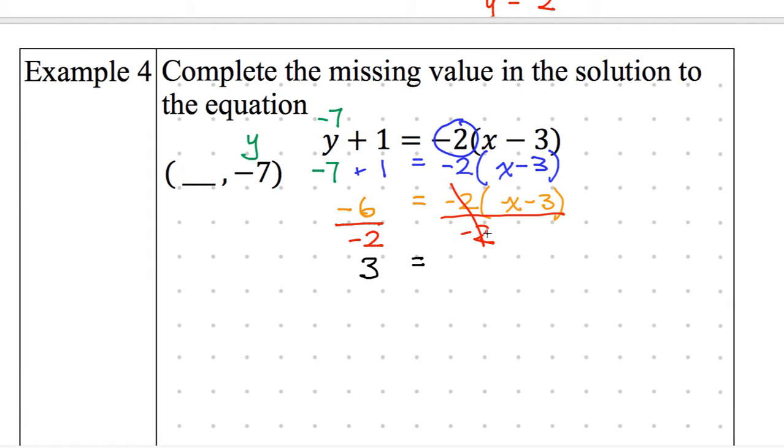So now 3 is equal to x minus 3. And from there, I just need to add 3 on both sides, and x is equal to 6. So 6 is my answer.